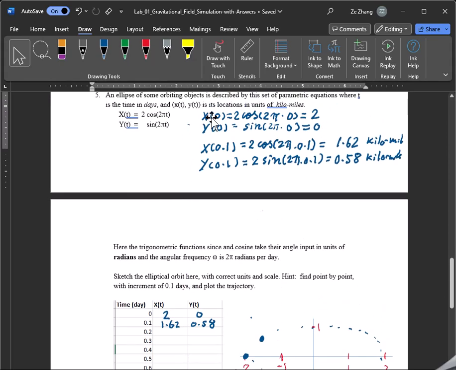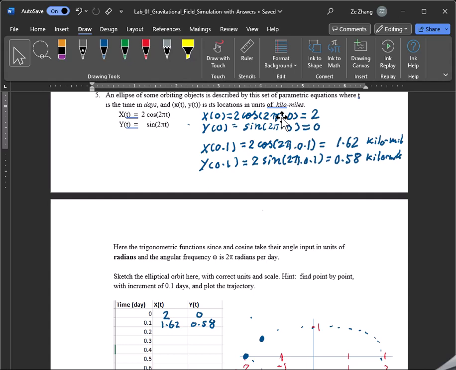For example, at t equal 0, x is 2 cosine 0. Set your calculator to radians. Once again, set your calculator input setting to radians, not degrees.